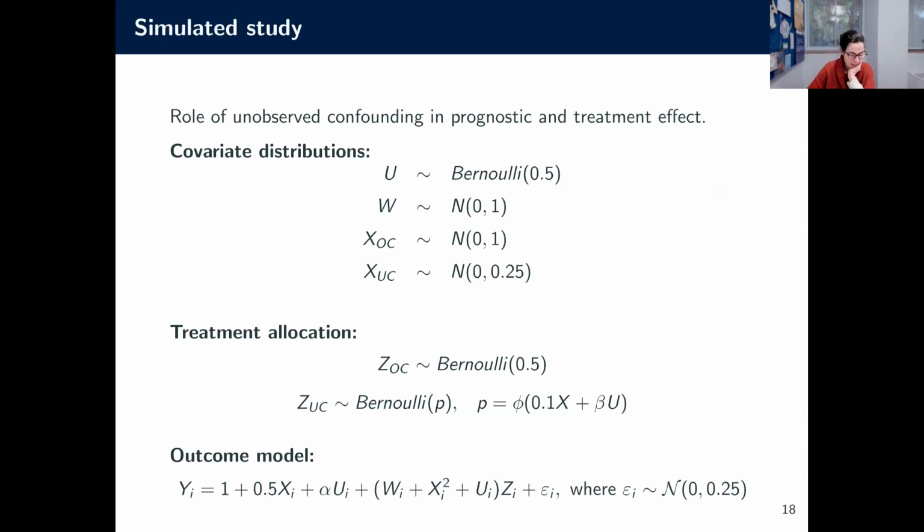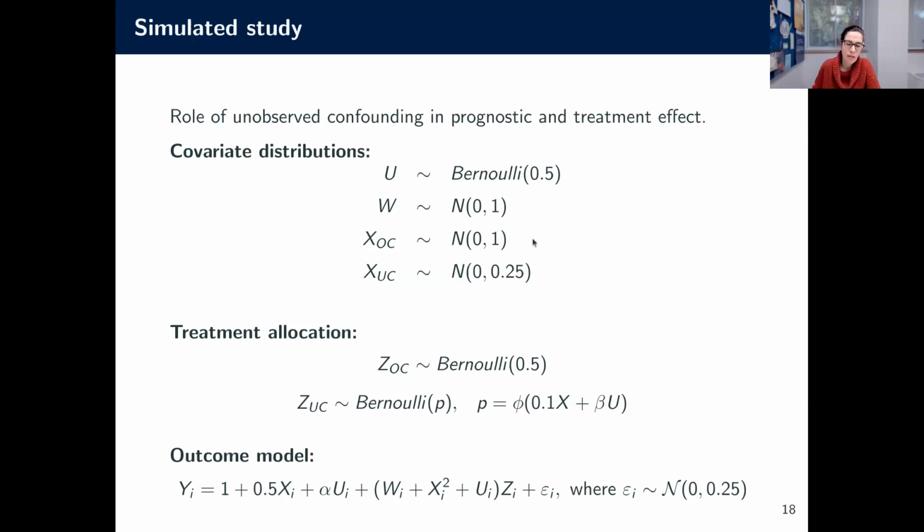go through the details, but what I will show you is an example that is kind of a toy example, but it follows the same principles that I mentioned, that we have some unobserved confounder. We have a W. And then we have covariate distributions for observed and unobserved confounded data sets. So one is much narrower than the other.